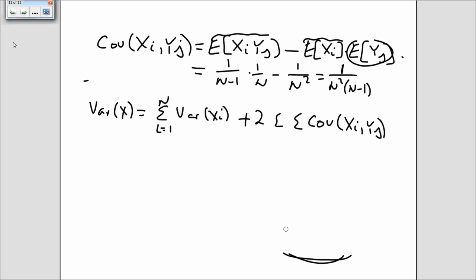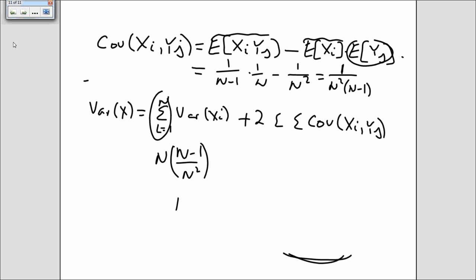Now, the variance of x sub i, I actually wrote this one down. The variance of x sub i is n minus 1 over n squared. It's a constant, and when we add up that constant 1 through n, it gets multiplied by n.